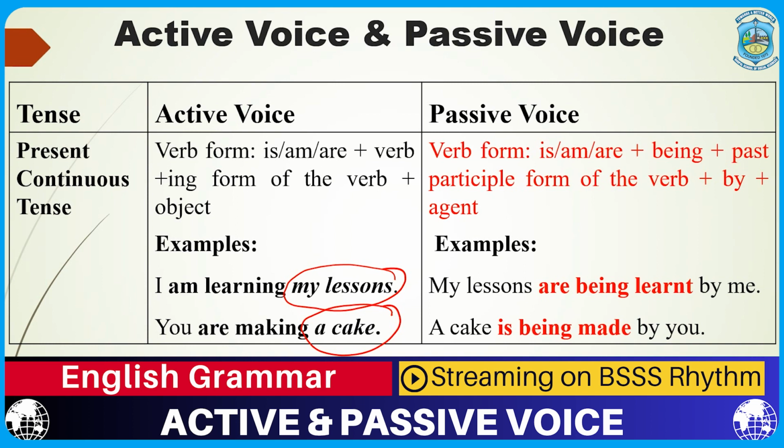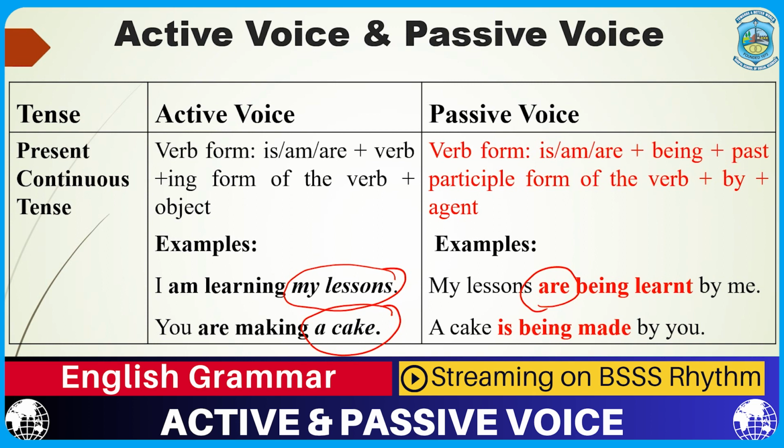So, my lessons because it is plural, I told you to keep in mind that the subject should agree with the verb. So, my lessons are being learnt by me, a cake is being made by you. So, what we have? We have a formula is/am/are plus being plus past participle of the verb plus by plus agent.